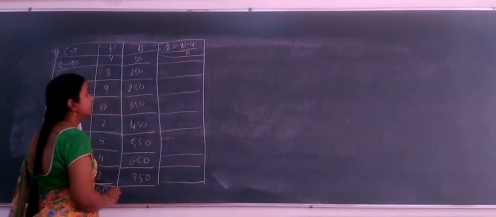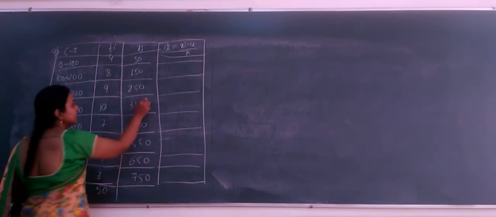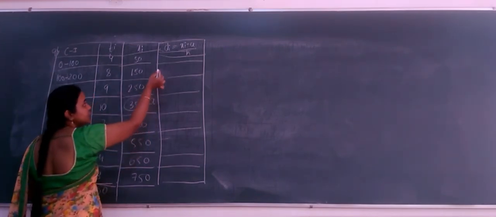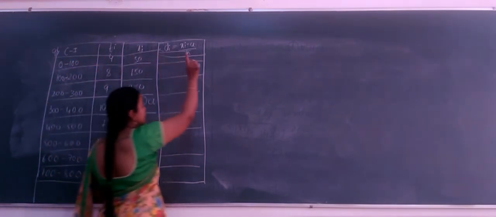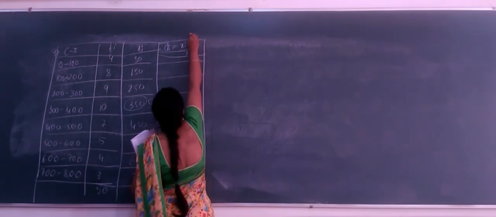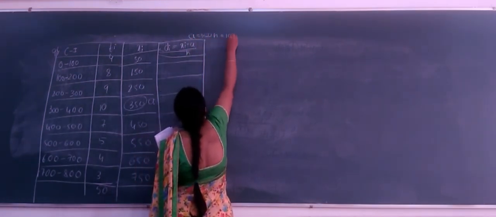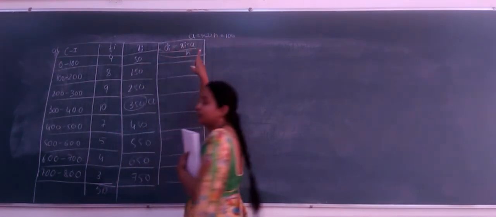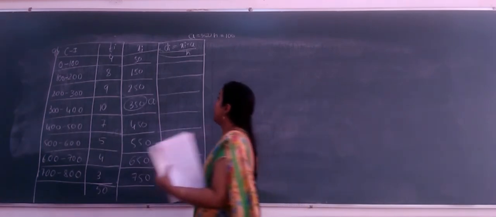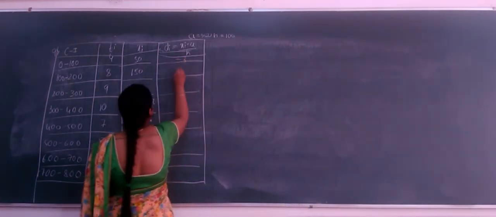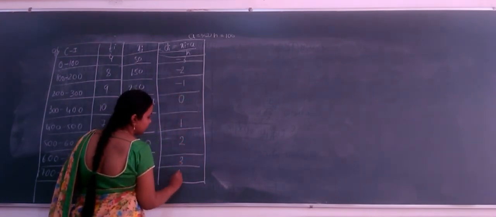Here in this case, as the number of terms is even, I am considering 350 as a, and h is already known to us. What is the class width? It is 100. So here a is 350 and h is 100. So now 50 minus 350, it will be how much? Minus 300. Minus 300 by 100, it will be minus 3. Here minus 2, minus 1, 0, 1, 2, 3, 4.